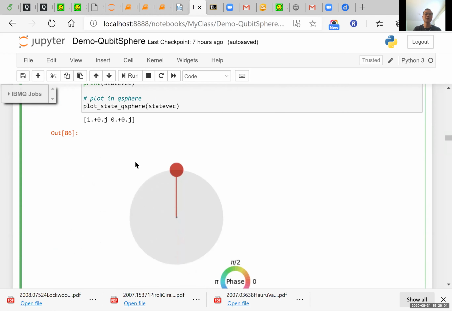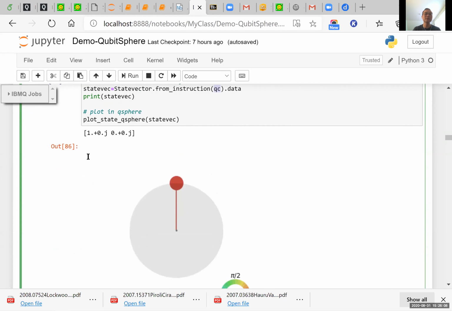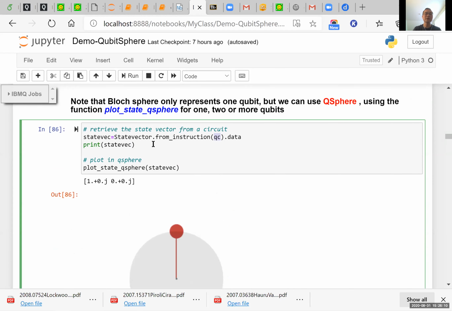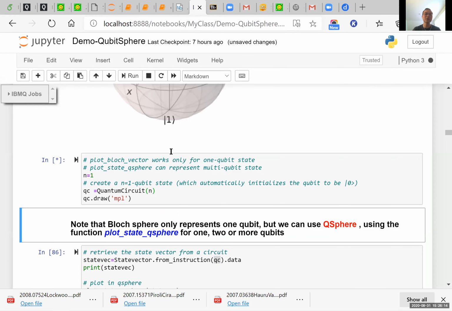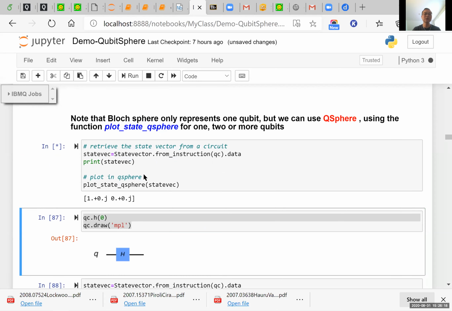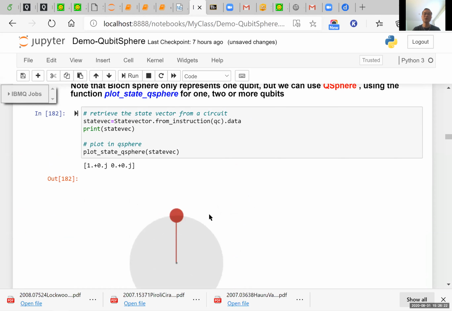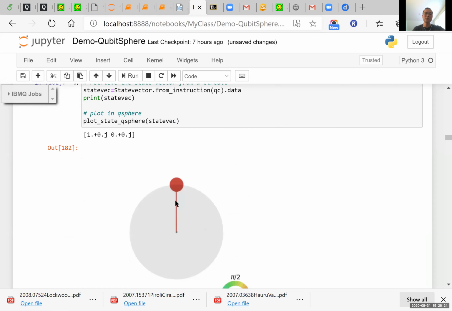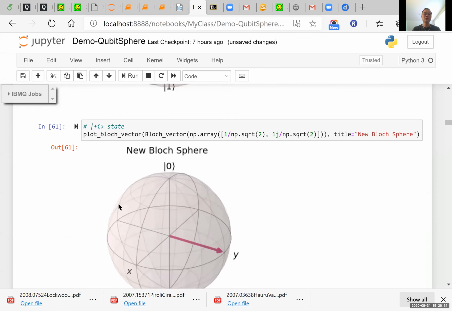I could also plot it in terms of the Bloch sphere, so I need to evaluate this. This Qsphere is similar to the Bloch sphere. It's pointing up as a 0 state.